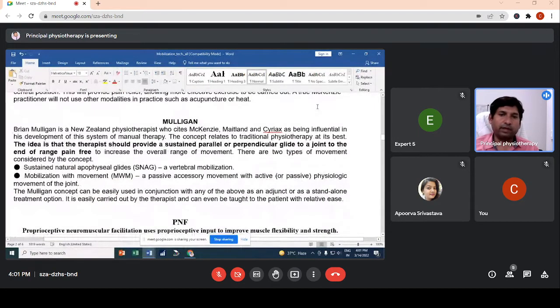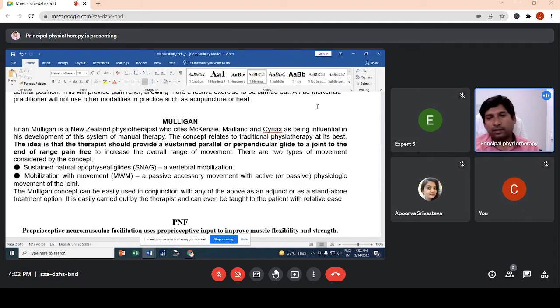Next technique is Mulligan technique. Mulligan technique is basically based on the idea that the therapist should provide a sustained parallel or perpendicular glide to a joint to the end of the range, pain-free, to increase the overall range of movement.